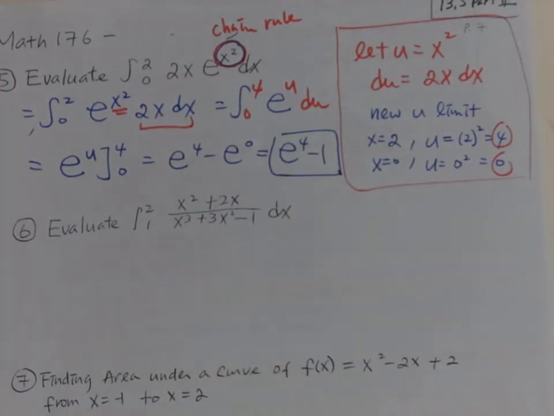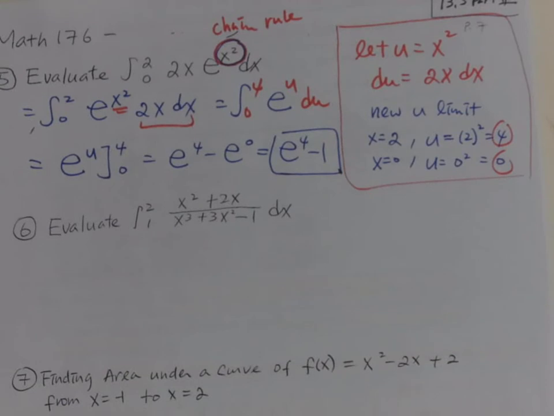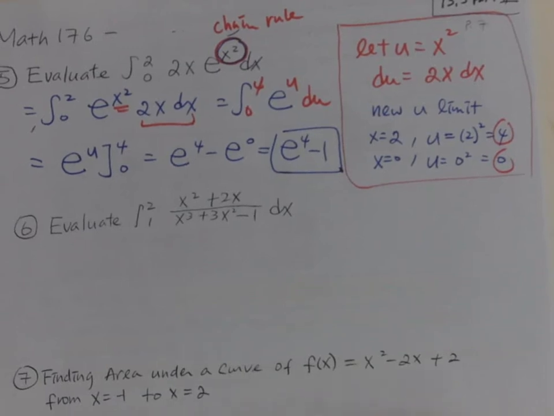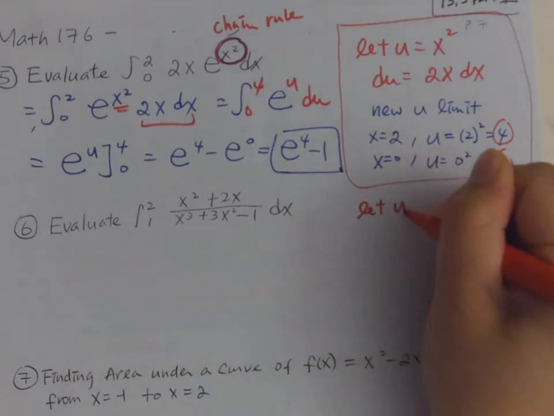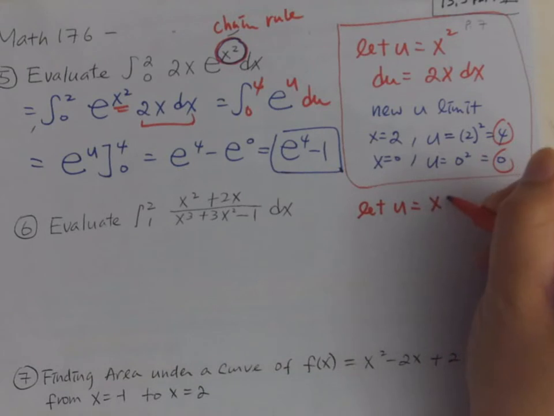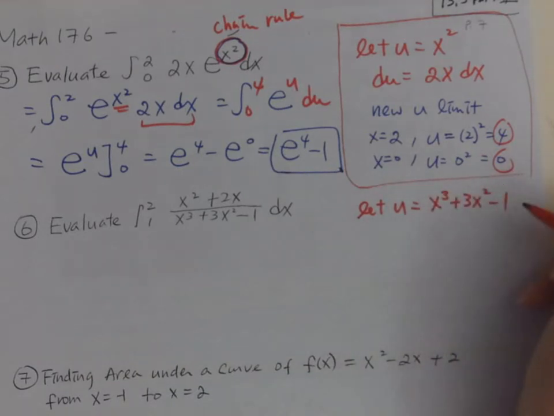Okay, so that looks really complicated, but we can do it. Let's see. It looks like the bottom part is my u, so let's try it out, because I don't want to do a quotient thing, right? I'm gonna let u equal the bottom part, x cubed plus 3x squared minus 1.